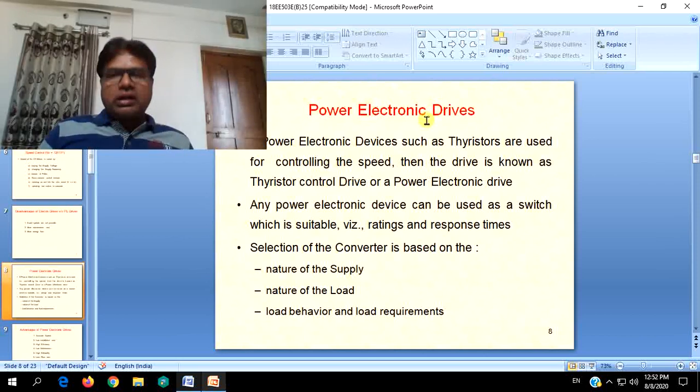So power electronic drives are those electric drives in which the turn on and turn off mechanisms, or conversion mechanisms, are taken care of by power electronic devices such as thyristors or SCRs, MOSFETs and IGBTs, which we have discussed.